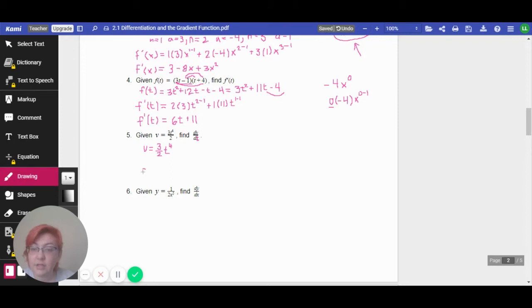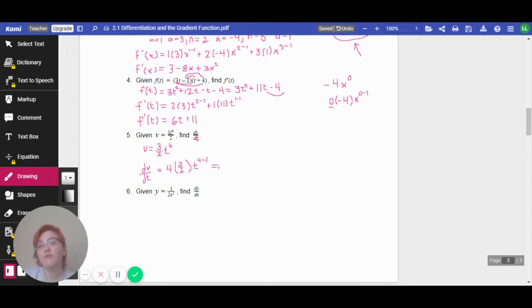So then dv over dt equals n, which is 4, times a, 3 over 2, t to the n, 4 minus 1.